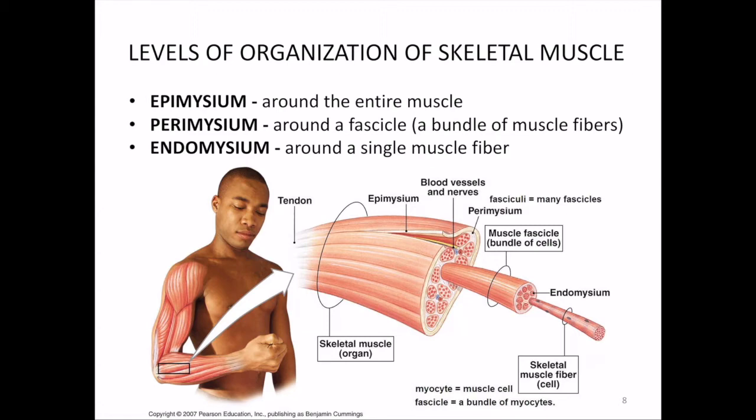So there's a very discrete organization of all of these bundles of myocytes. And again, this also provides a bit of a strategic advantage, because remember, each and every one of these myocytes within a muscle requires a blood supply, and it also requires innervation.